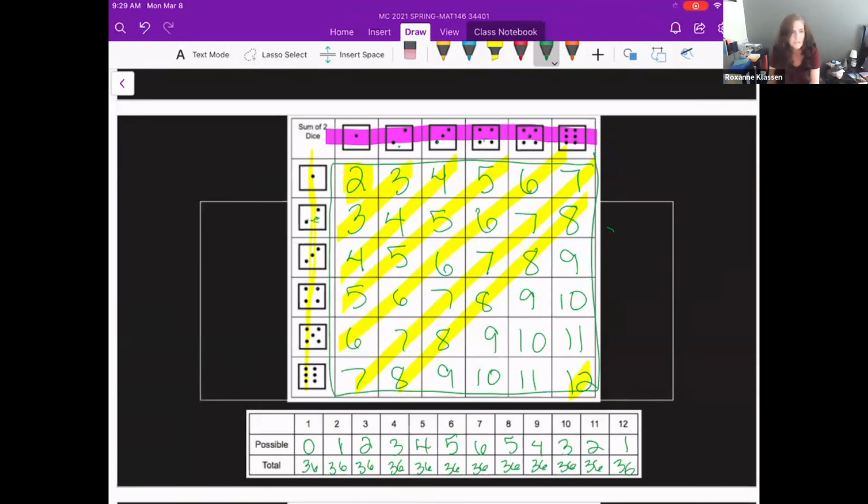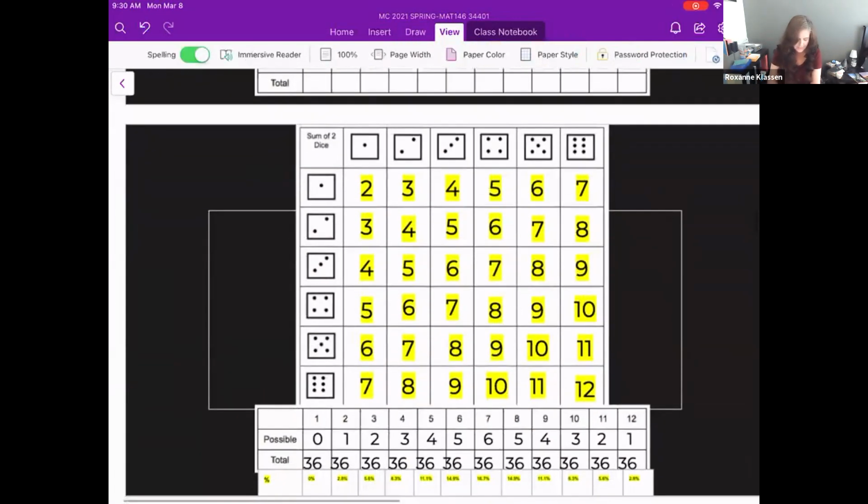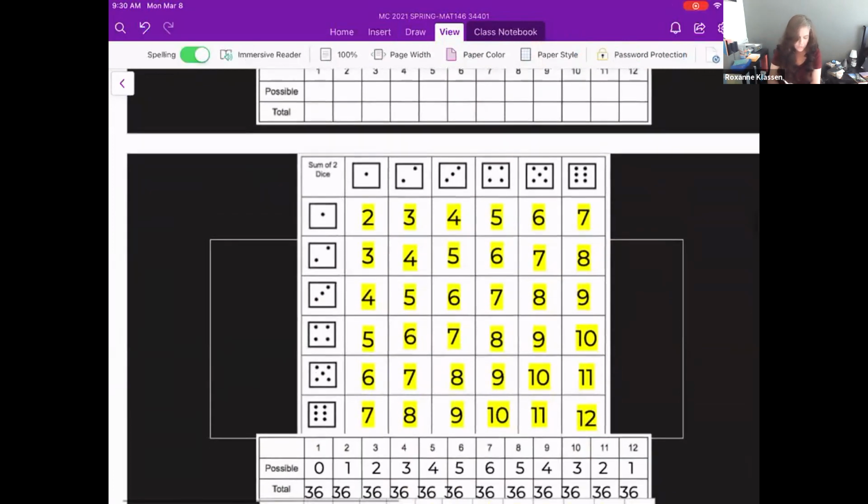And so 6 times 6 is 36. Or if I counted all of these, I would get a total of 36 possible outcomes. Okay. Everybody making sense of that? You seeing where I got that 36 from? Excellent.